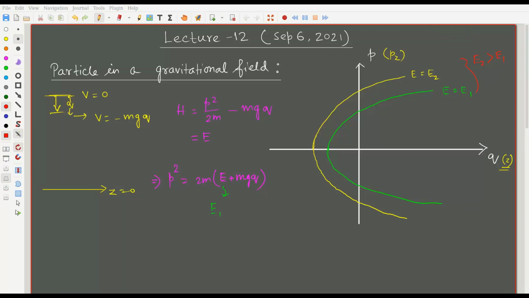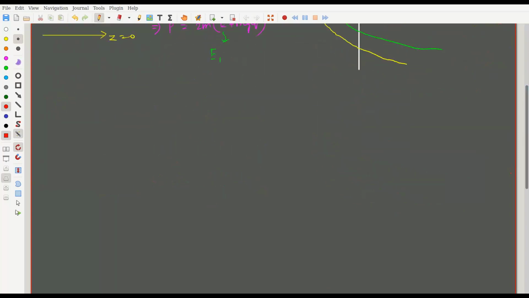To understand that, let us consider a bunch of particles with momentum between p1 and p2.